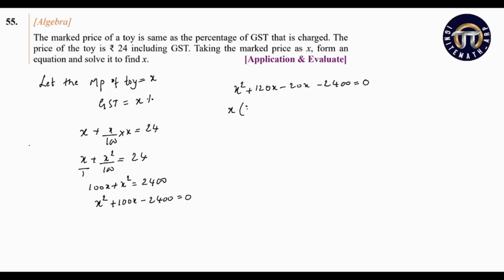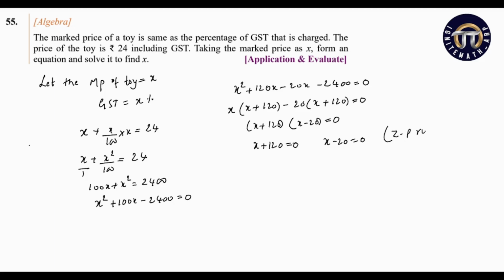So x is taken common, (x + 120) is taken common: (x + 120)(x − 20) = 0. Apply the zero product rule: x + 120 = 0, x − 20 = 0. So x = −120 is ignored because a price cannot be negative. So x = 20.